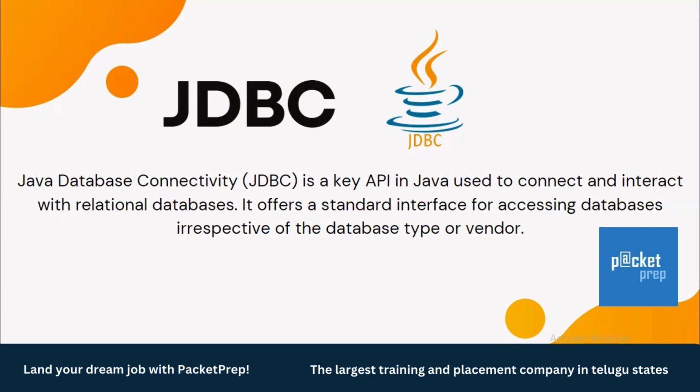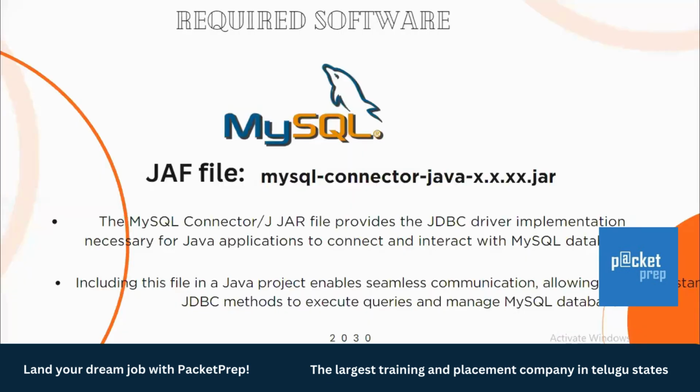To use these JDBC drivers, we have to download a MySQL connector jar file. It contains the necessary code and functionalities required for Java applications to connect and interact with the MySQL database, and it also allows the use of standard JDBC methods to execute queries and manage the MySQL database.